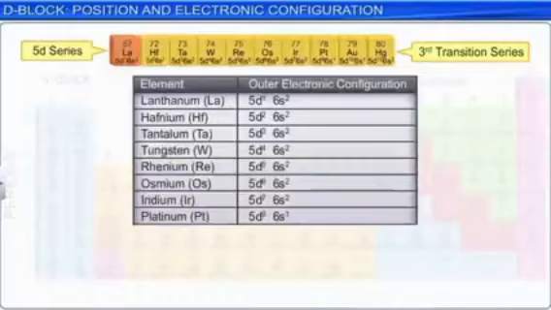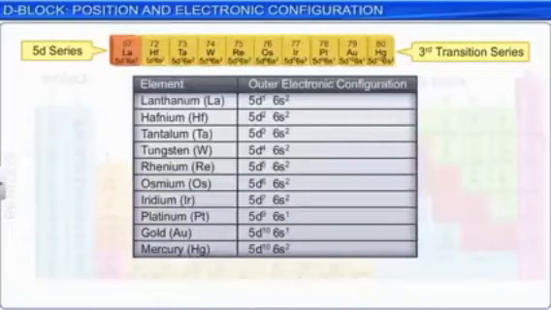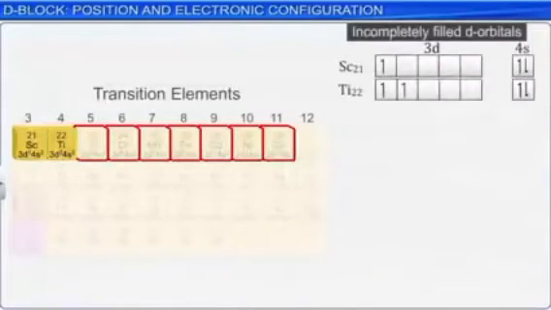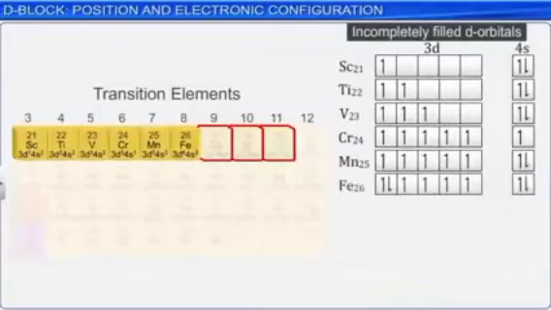By definition, transition elements are those that have incompletely filled d orbitals either in their elemental state or in any one of their chemically significant oxidation states.